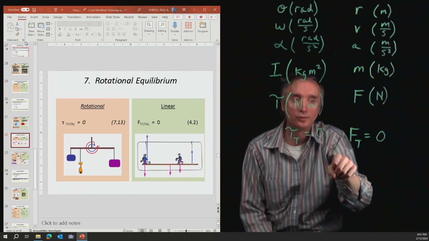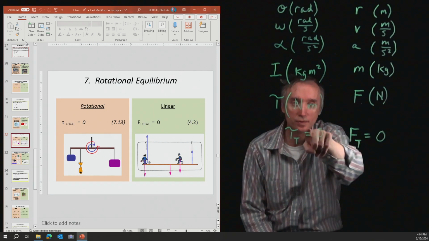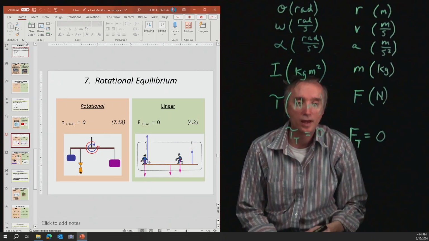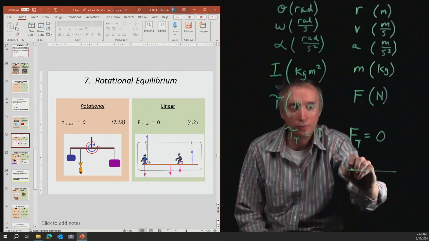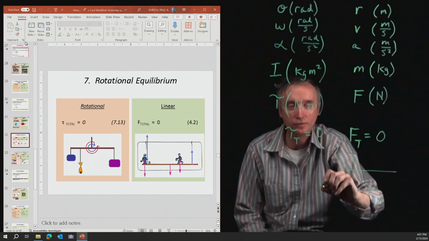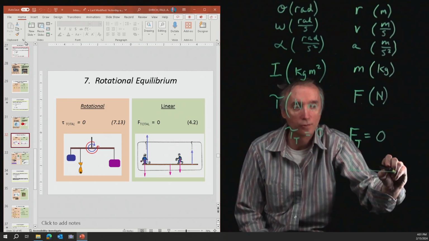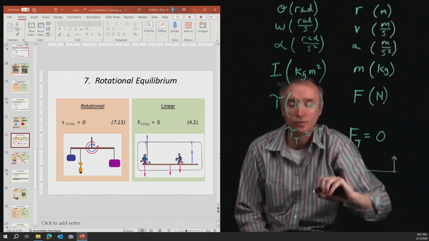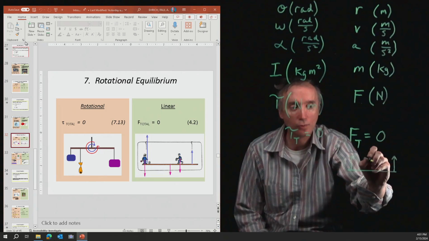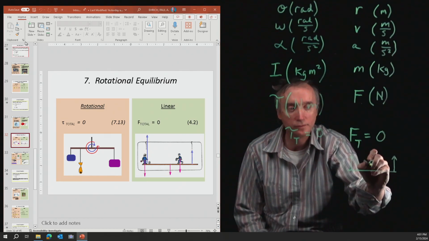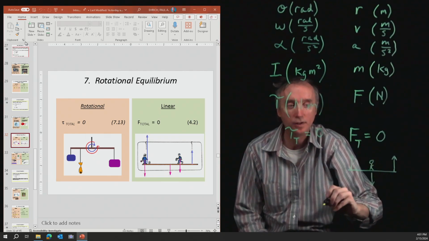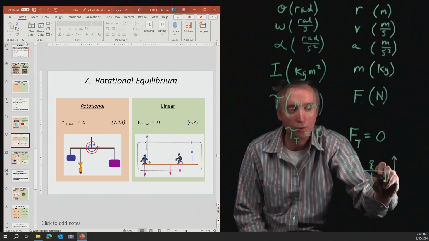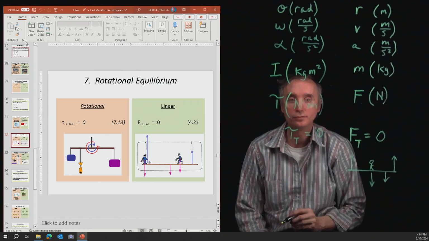An example of this was the painter, where you had a board, and then there was a rope pulling up with a certain force, and another rope over here pulling up with a certain force, and then you had the weight of the person going down, and the weight of the board going down.